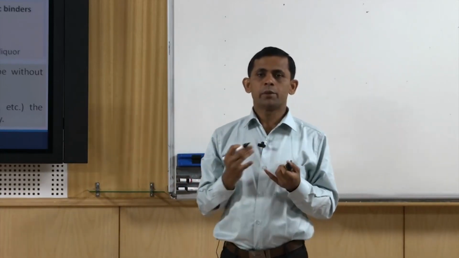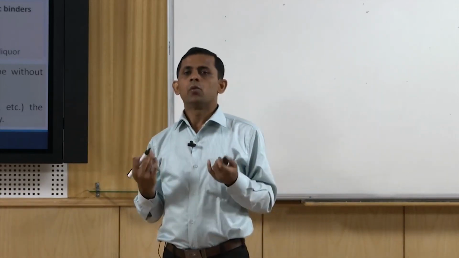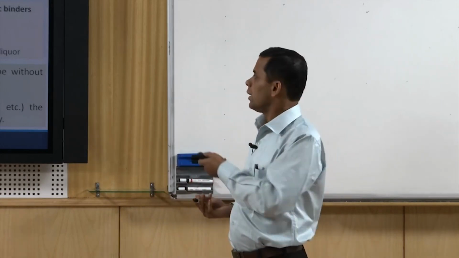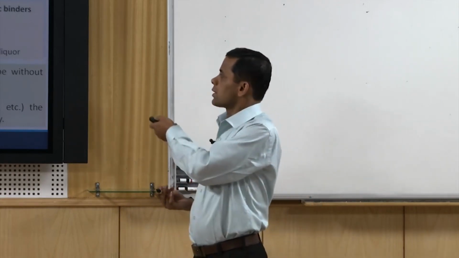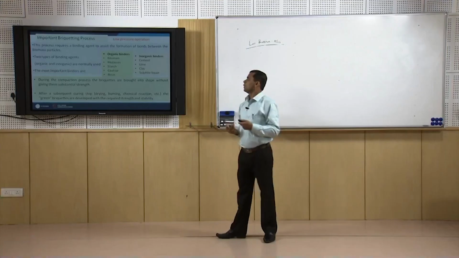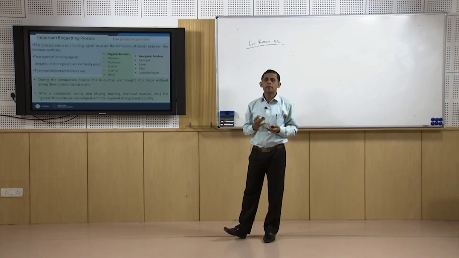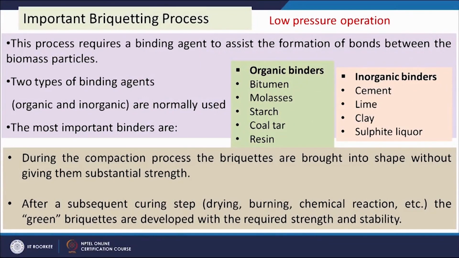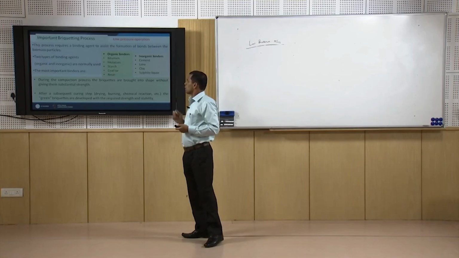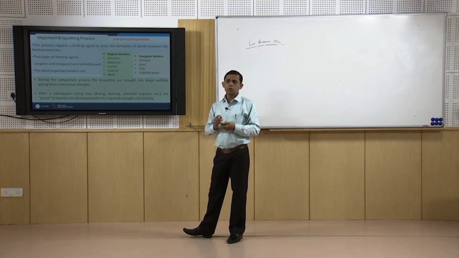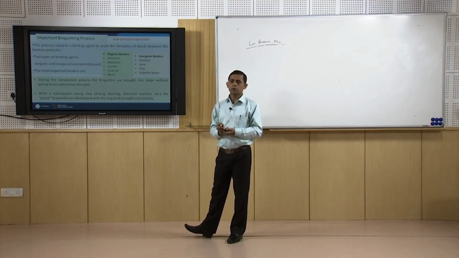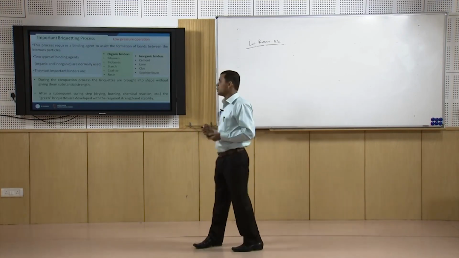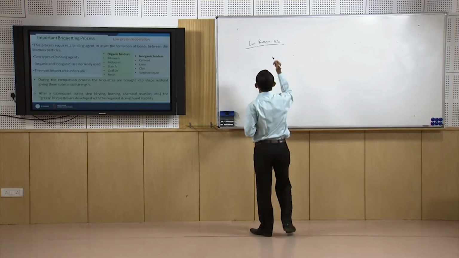Organic binders like bitumen, coal tar, molasses, resins and starch, and inorganic binders like cement, lime, clay and sulphite liquor. Any one of these binders, or a mixture of binders, can be used with the biomass and waste, and put inside the machines.